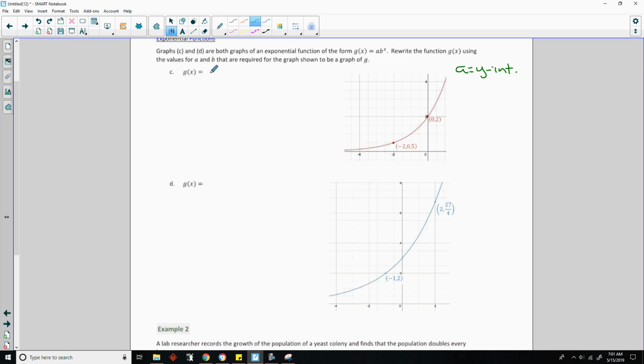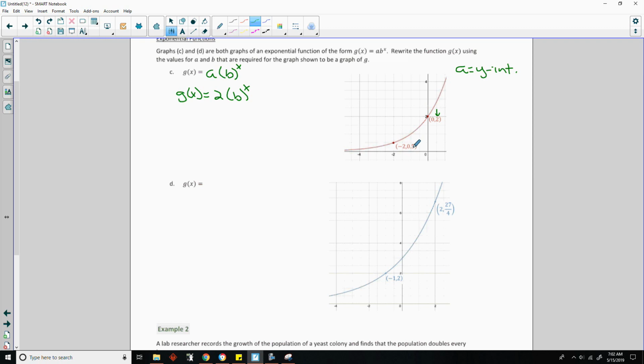So if I write g of x equals a times b to the x, and I know a is the y-intercept, the y-intercept is (0, 2), so the y-intercept is 2, so now I have g of x equals 2 times b to the x.